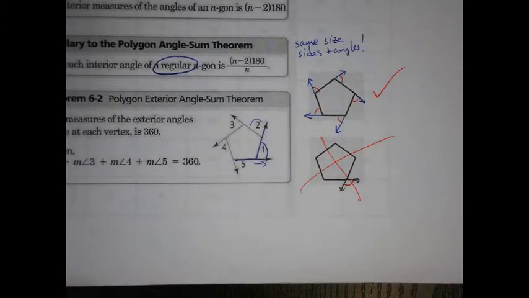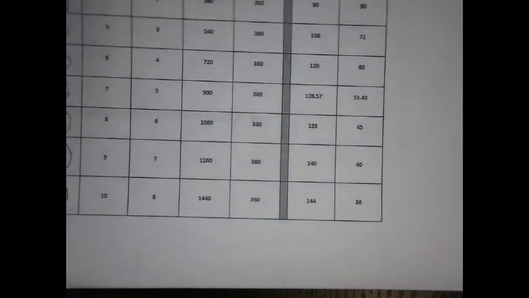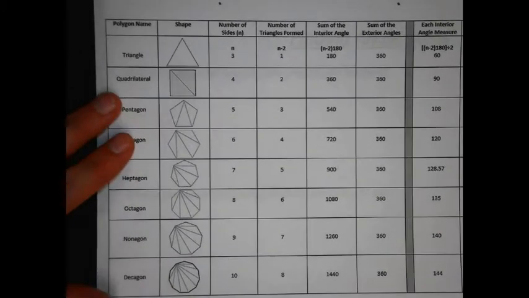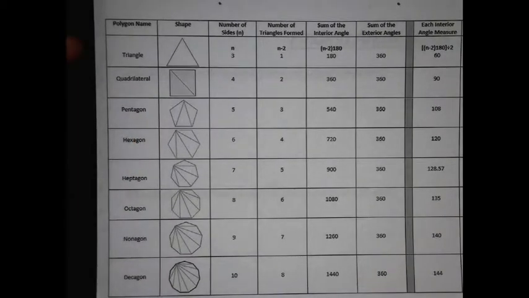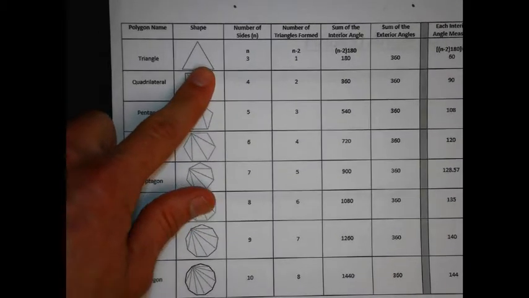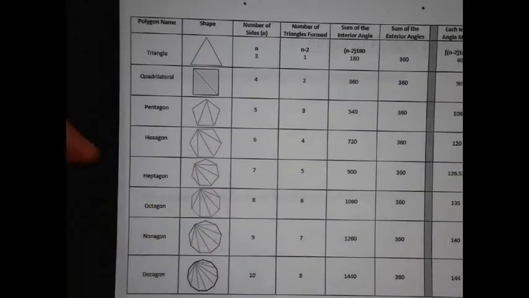So here's a neat little cheat sheet. This is what we're covering in class, actually. The cheat sheet is a list of the different polygons, not all of them, but at least down to 10, from triangle, which is, by the way, a neat trivia question: what is the smallest polygon possible? A triangle.